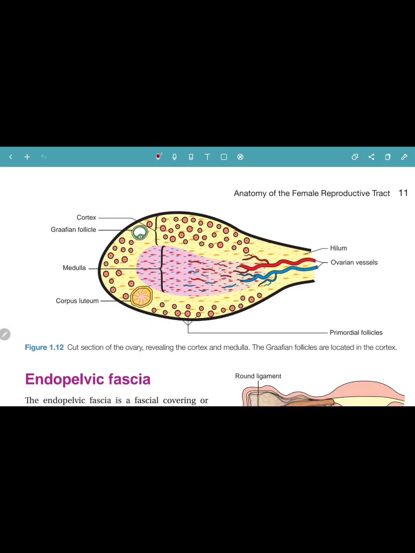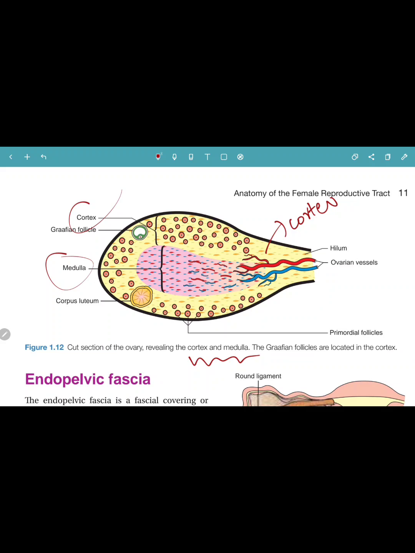This is a beautiful cut section of ovary revealing the cortex and the medulla, and the Graafian follicles are located in the cortex. If you see, this yellow color is the outer cortex and inner medulla.